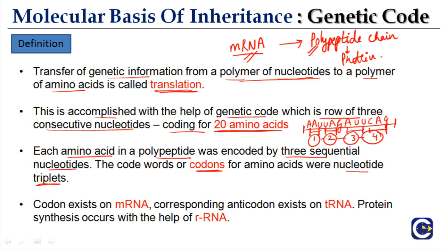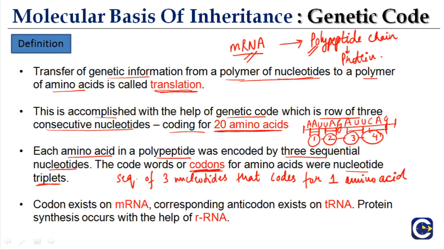As we discussed here, this sequence of 3 nucleotides that codes for 1 amino acid is called a codon. So what is a codon? A codon codes for an amino acid and it is a triplet. It is made up of 3 nucleotides. Okay, so this is important.